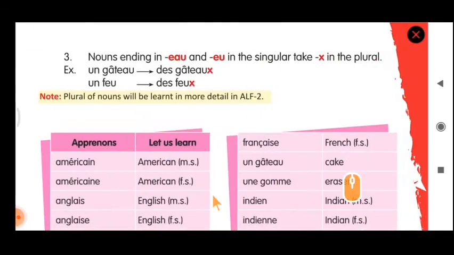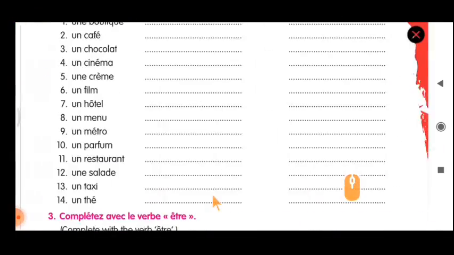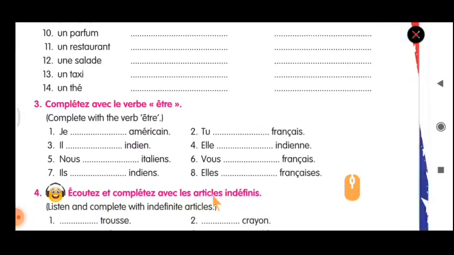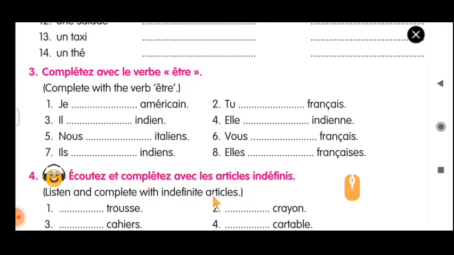So let's go to exercise number 3. Exercise number 1 and 2 we have already seen in the live class. Now we are going to solve exercise number 3. See what's given there. Complétez avec le verbe être. So complete with the verb être.